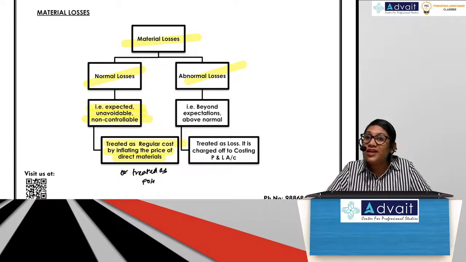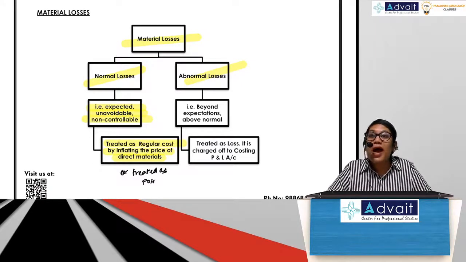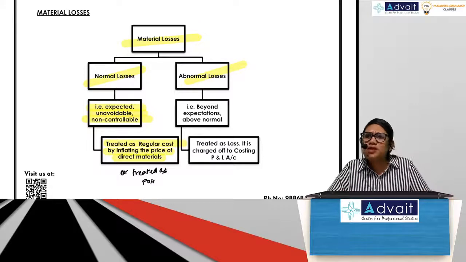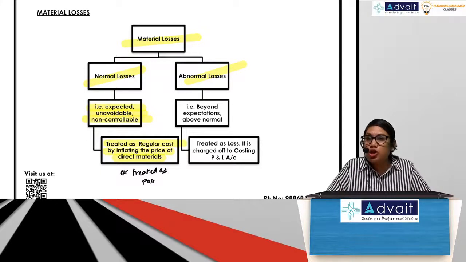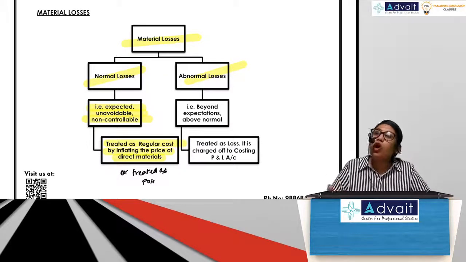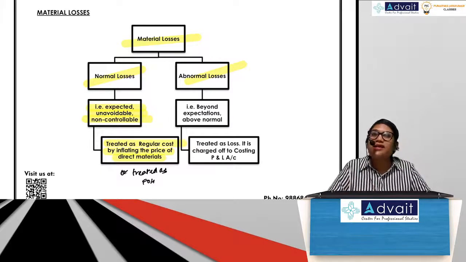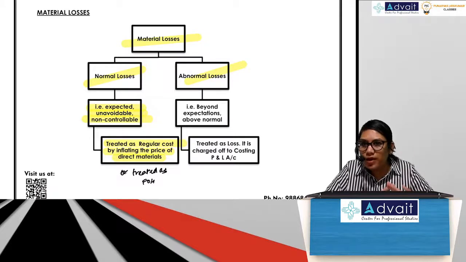By inflating the cost, we know. Yesterday we saw the apples example that 10 rupees became 11.11. Same thing, instead of apples, it will be a raw material. So normal loss will be treated either by inflating the material rate, or you can also treat it as factory overheads. Treating it as factory overheads we have not yet done, but it's very simple.